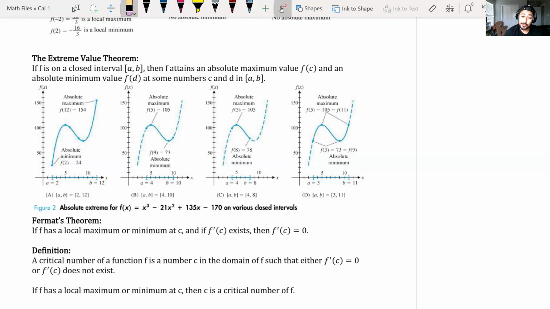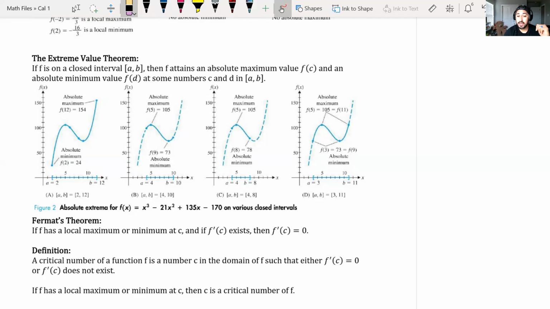So what this theorem means is that in order to find maximums or minimums, we are going to take the first derivative, set it equal to 0, and solve for x. That's all we're going to do.